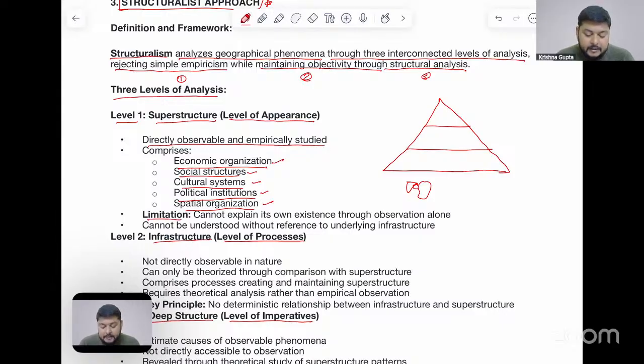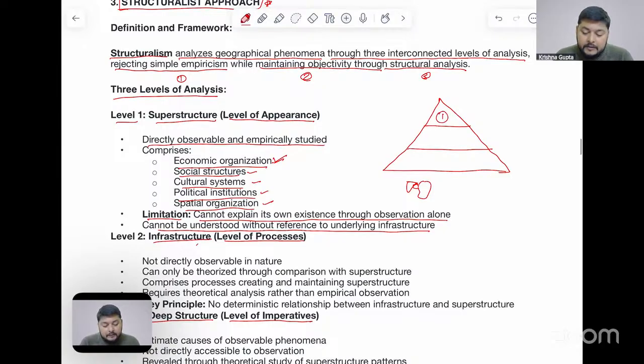Limitations: it cannot explain its own existence through observation alone. It cannot be understood without reference to the underlying infrastructure. So if I want to understand the economic organization, whether it is a cooperative organization, a capitalist organization, or a governmental organization, we need to study the infrastructure.